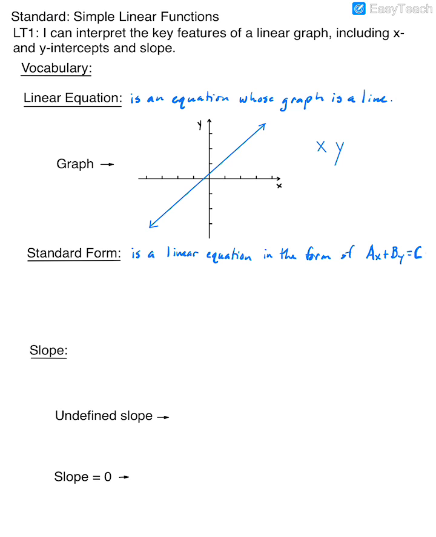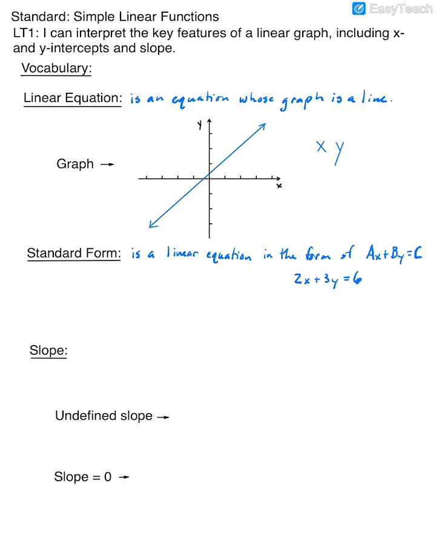So the a, b, and c are all representing numbers. Okay? X and y are our variables. So when you get an example of this, it may look like 2x plus 3y equals 6. So notice that all those letters of A, B, and C are gone, and now they're replaced with numbers. And so there will be a point where we start graphing these using equations that look like this.